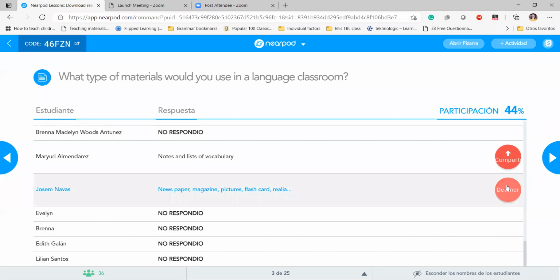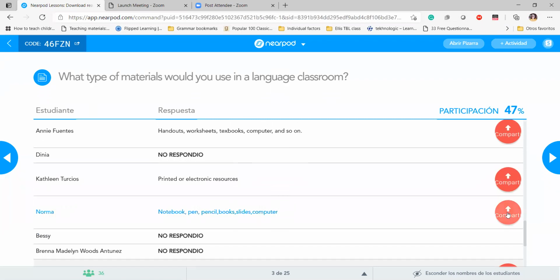So you can see there, Hosem's answer. He says that it can be newspapers, magazines, pictures, flashcards, realia. Marjorie says notes and lists of vocabulary. Norma says notebook, pen, pencil, book, slides, and computer.